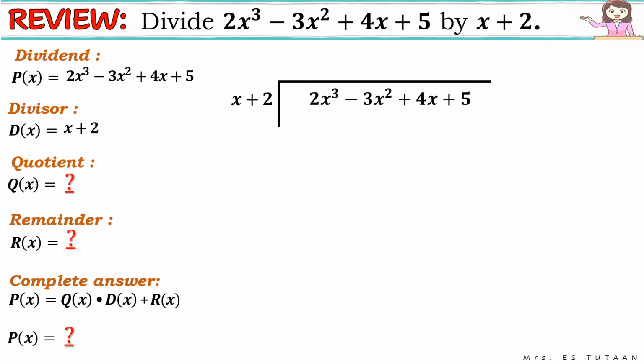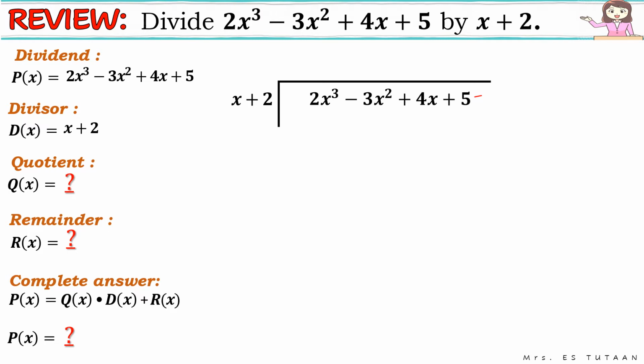So, dito sa p of x natin, ang nauna naman ay 3, 2, saka 1, and then 0. So, naka-arrange naman sila lahat.